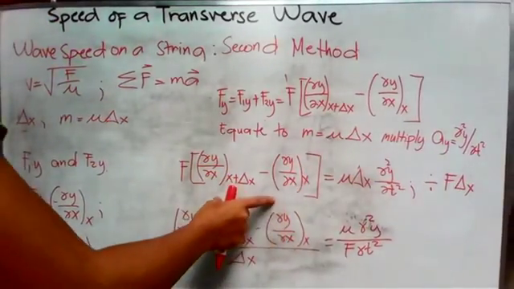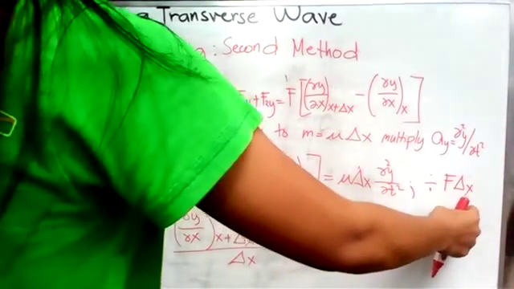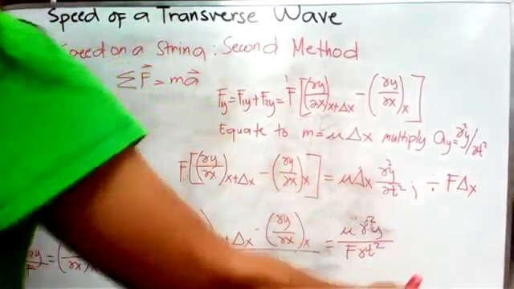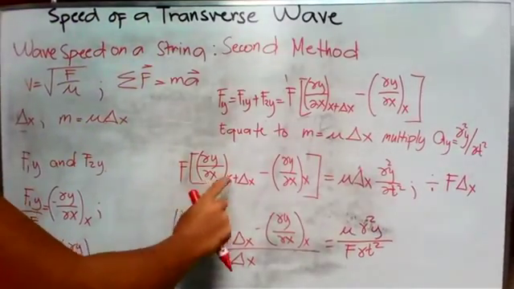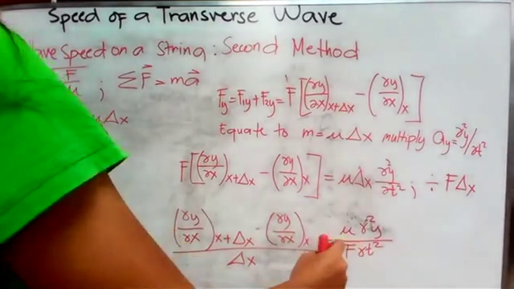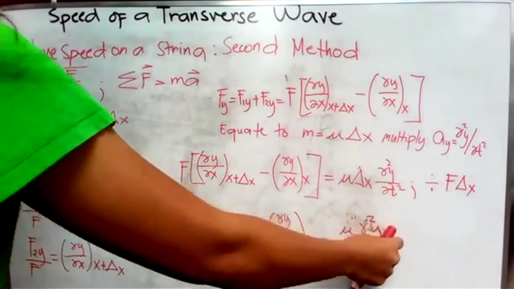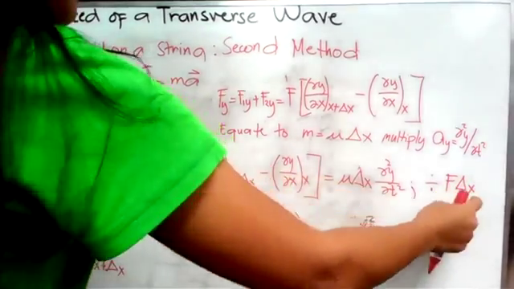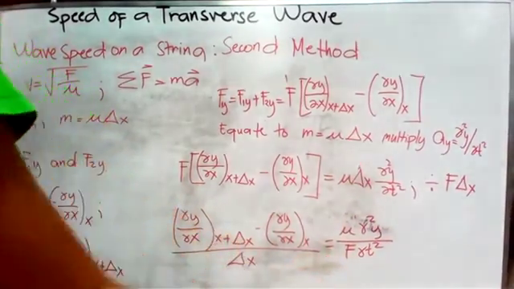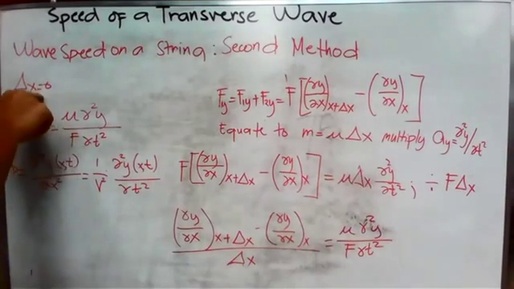And then this equation, we have to divide by the force times change of x. So we cancel the F on one side, and we cancel the change of x on the other, so we remain with mu over F times the second partial derivative of y with respect to time. Now take the limit of change of x going to 0.